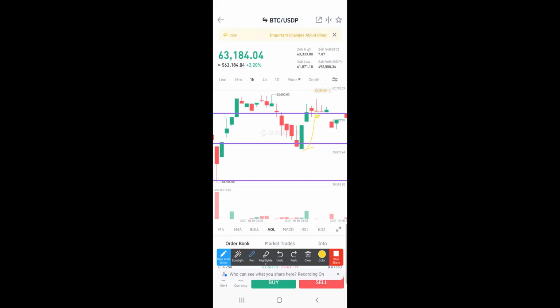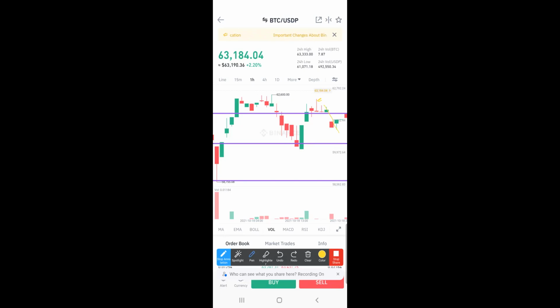This is where I'm going to sell it. Because when the trade got to that support, you notice that it tried to break it, even went as high as this point, but it respected it again and came down. You understand?